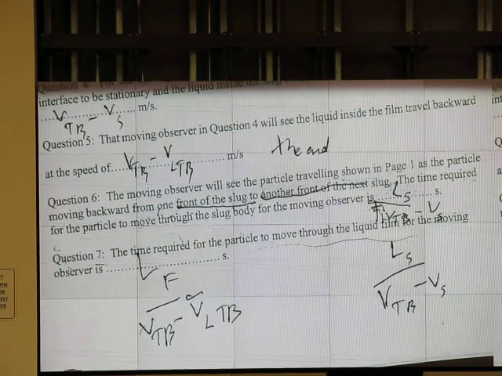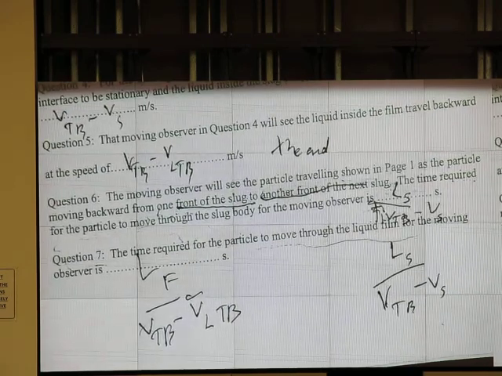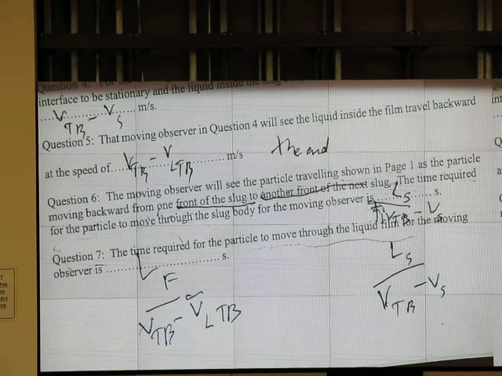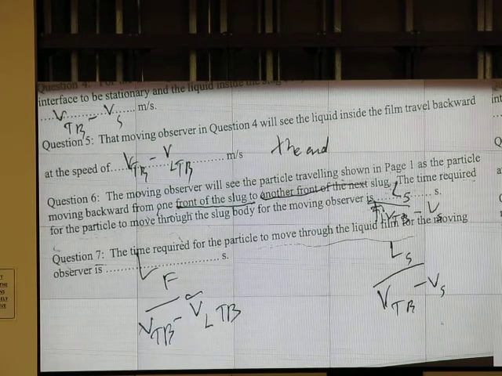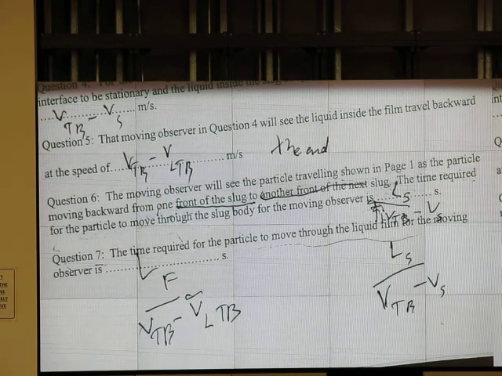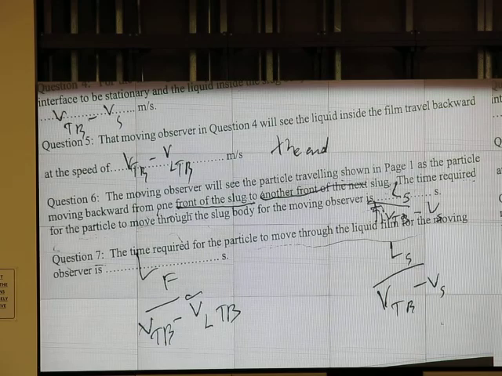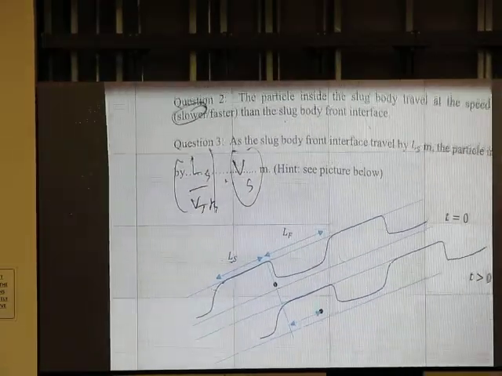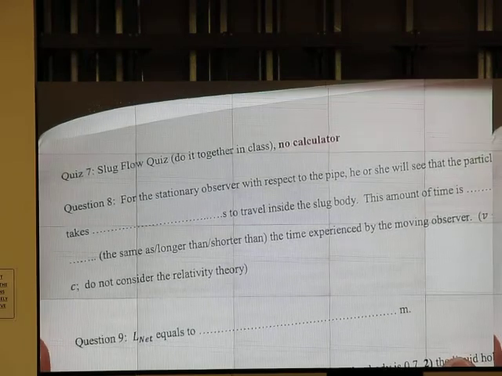So for the moving observer, this is the amount of time the particle moves through the film. The distance that the moving observer sees it move is L film, and the velocity of that particle with respect to the moving observer is VTB minus VLTB. Good? So length divided by velocity equals time. Number 8. Okay.